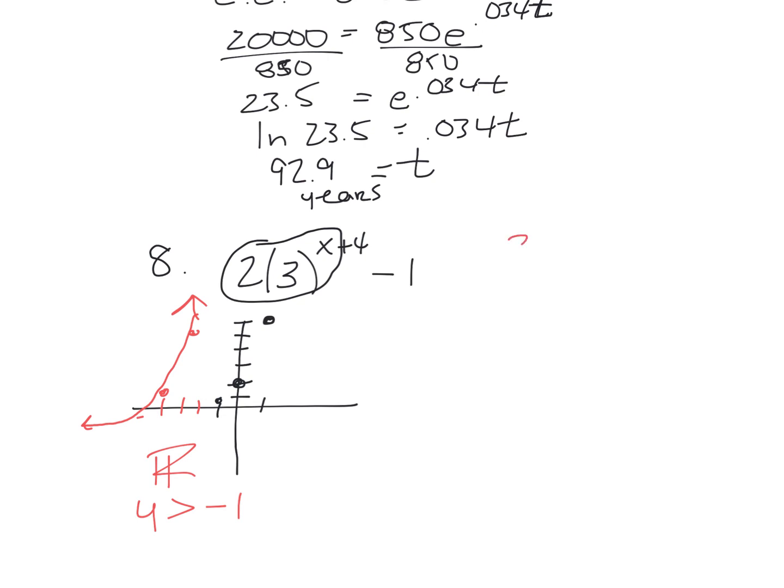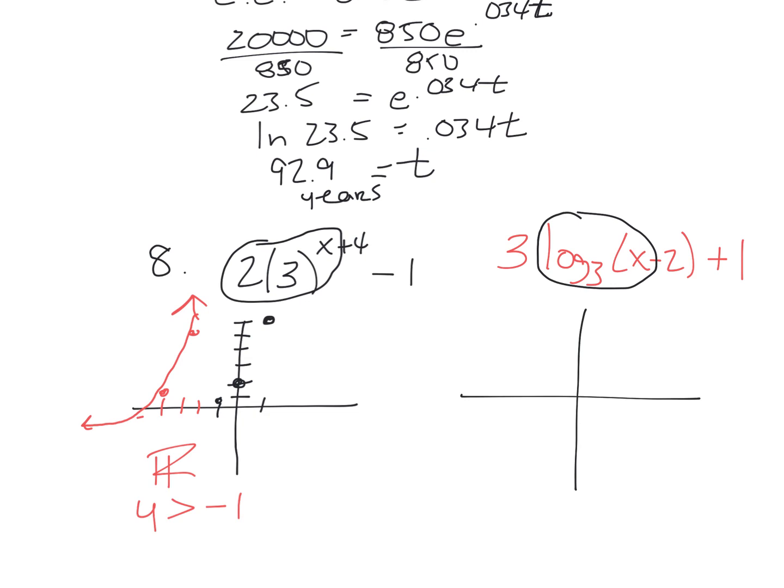And then in B, we've got a logarithmic graph. It's base 3. So I'm going to focus on graphing this part of it first. I'd have the points 1, 0, 3, 1, 1/3, -1. And then I'm going to make my movement. So I'm going to add 2. I'm going to go right 2. I'm going to multiply that by 3, which puts me up at 3.